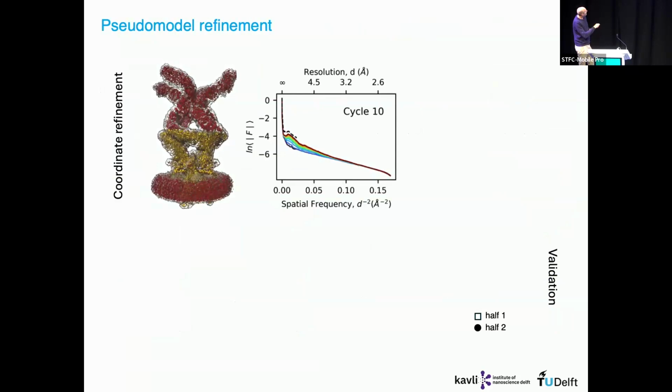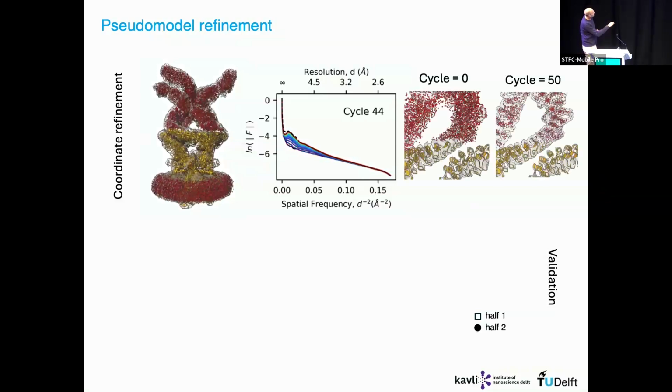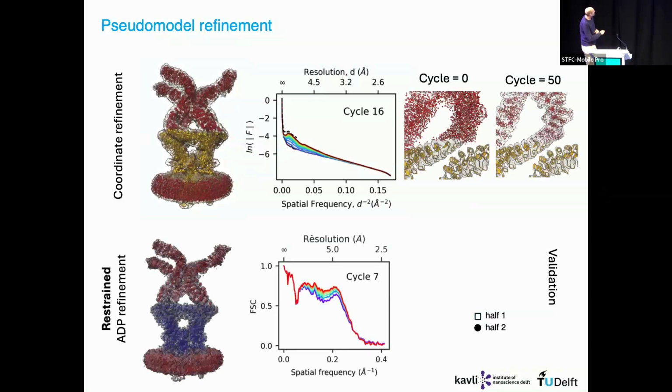And as we go through that refinement, they start to resemble the outlines of alpha helices, for example. You also see that the structure factor approaches more and more the expected structure factor that we would have from a typical protein model.